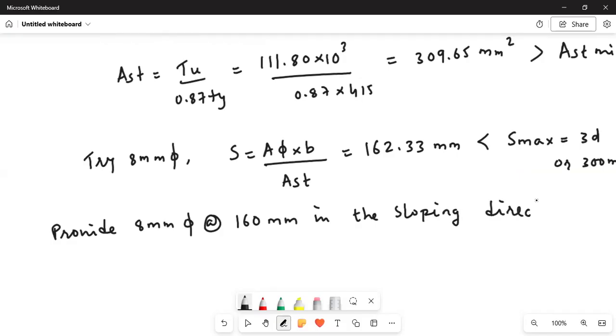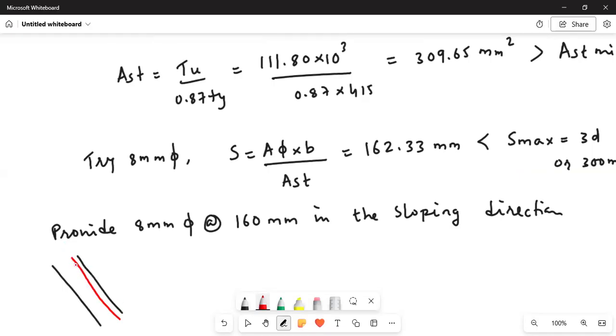Okay. So you see the hopper bottom is subjected to two forces. One is direct tension and the other is hoop tension. The reinforcement that we have calculated is for the direct tension. And this reinforcement has to be provided in the sloping direction. So this is the slope that you have, and reinforcement will be provided in this direction, the sloping direction.